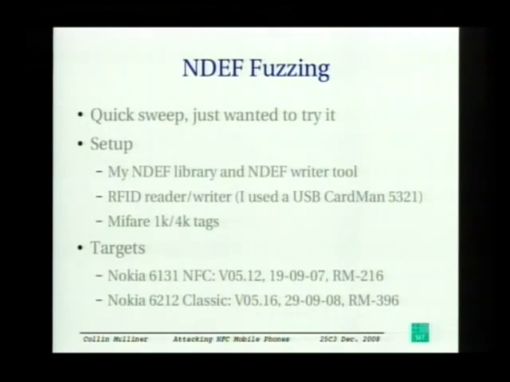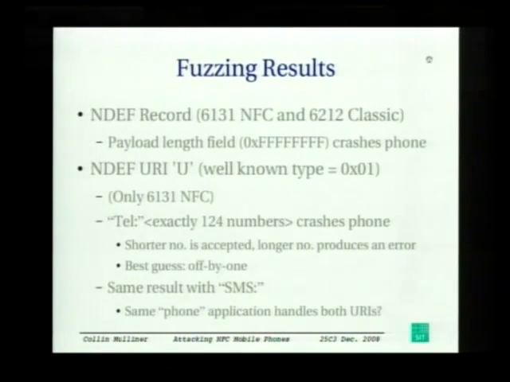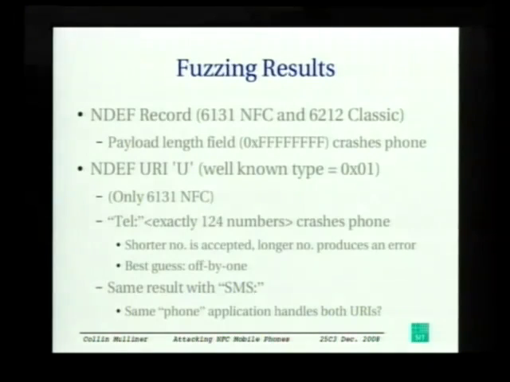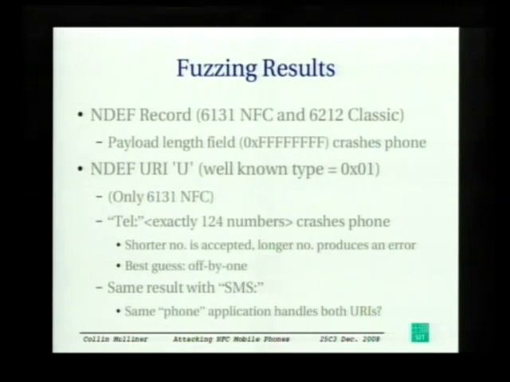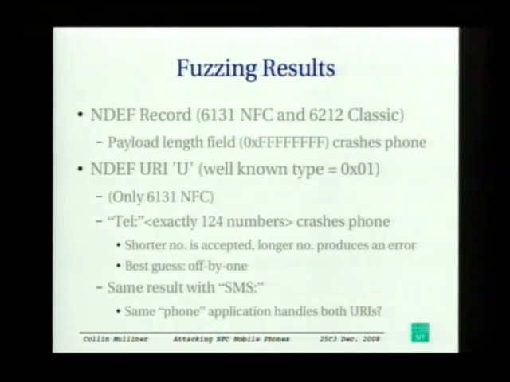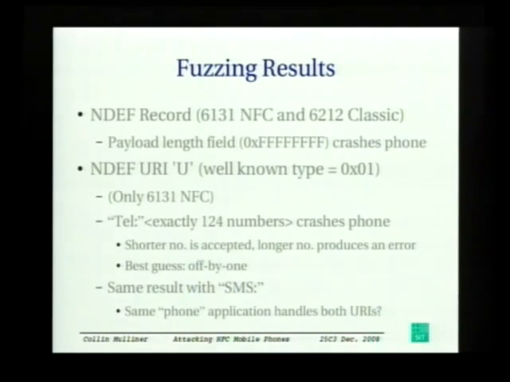I tested my phones, and there are some really nice things, because if you set the size of the payload to all Fs, your phone apparently tries to pre-allocate memory to store the complete data, and this greatly fails and the phone reboots.